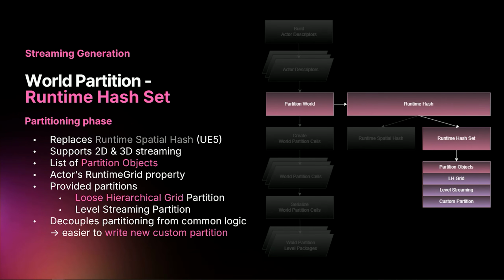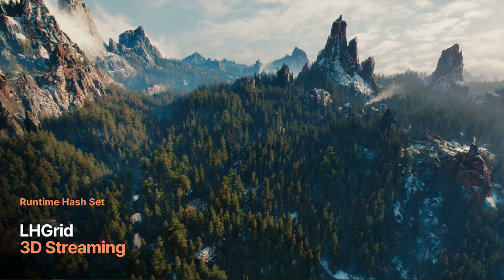This new hash effectively decouples the partitioning from the common logic, like handling runtime data layers, and makes it easy to write a new custom partition object. In the case of our demo, you can see it in action in our distance shot. When the camera rises above the landscape, we can stream out all the environment bits that are below us.